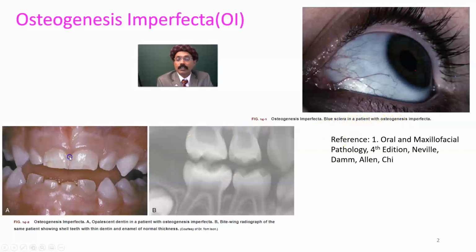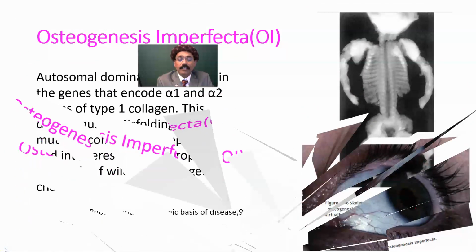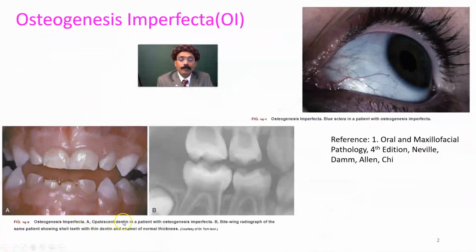Here, if you look at the teeth, we see the teeth are lacking dentin. This is a patient with osteogenesis imperfecta with opalescent dentin. The bite-wing radiograph of the same patient shows shell teeth with thin dentin and enamel of normal thickness.